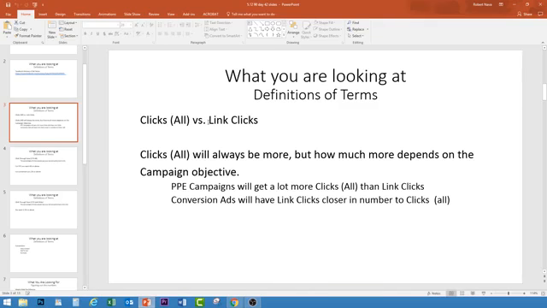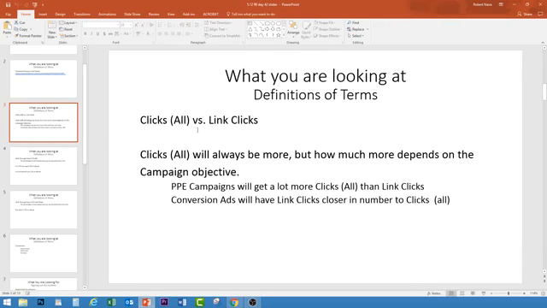But somebody might say, what's your click-through rate for your clicks? And you want to know which one you're talking about, because if you don't know, you could be way off. Your link clicks could cost double what your clicks cost. And if you're telling somebody the wrong cost while trying to get some help, you're not going to get the right help, and you're really not going to understand the reporting and the metrics yourself.